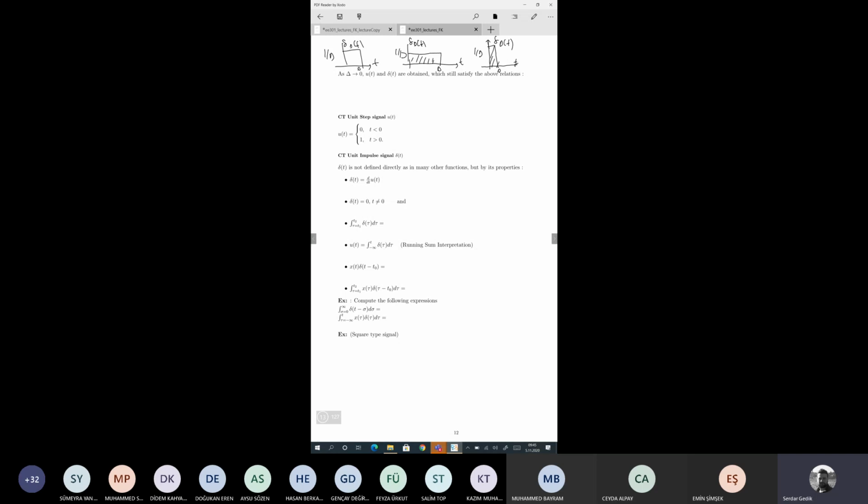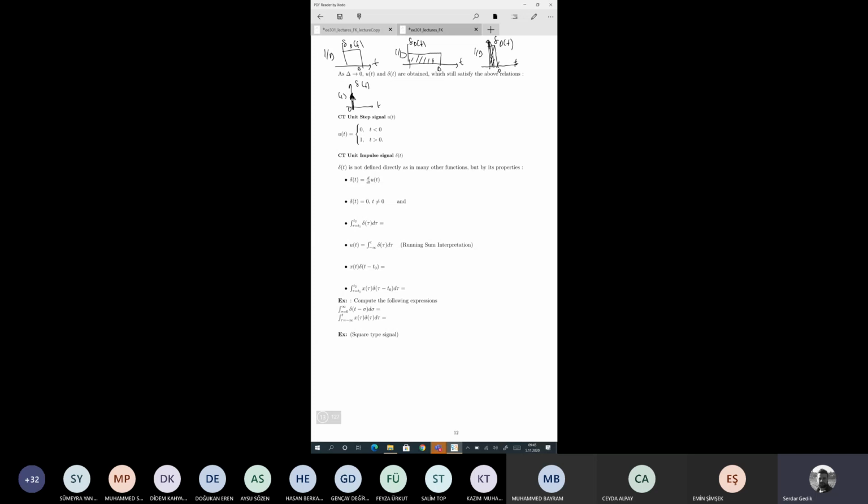So as delta goes to 0, what happens? This curve is becoming more and more tall, right? So in the limit, this impulse of t is simply denoted as this. There is an arrow here sitting at 0, and the area under this arrow is 1.